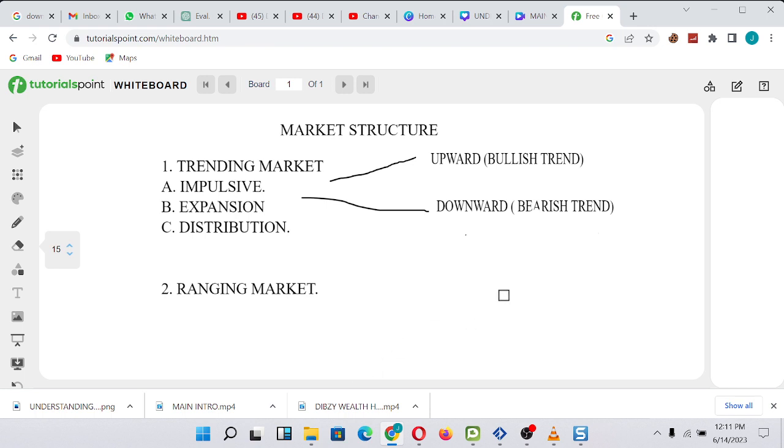So for that of the bearish trend, we have the bearish like this.